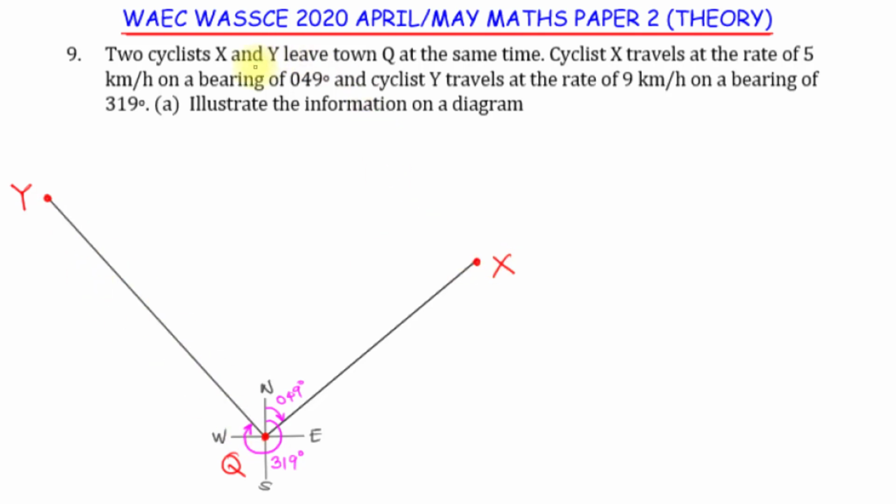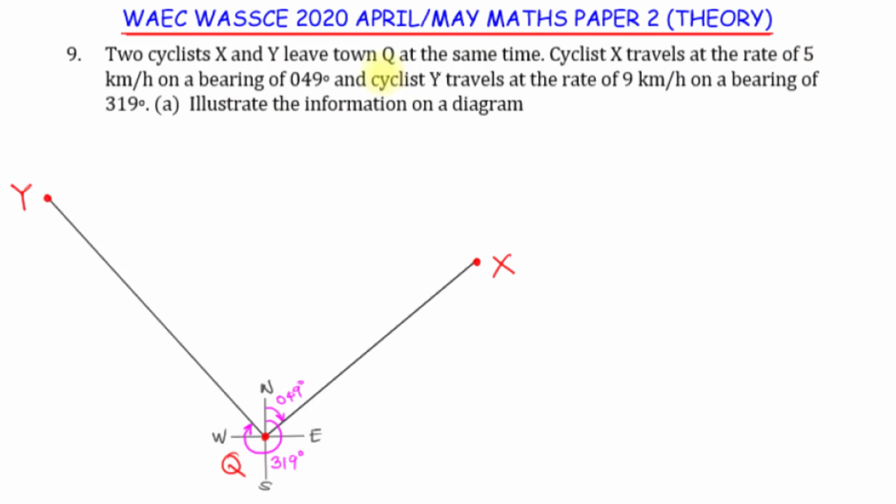Something of interest I would like us to note: I took this to be longer than X because look at the information we are given. Cyclist X travels at 5 km per hour, but cyclist Y travels at 9 km per hour.